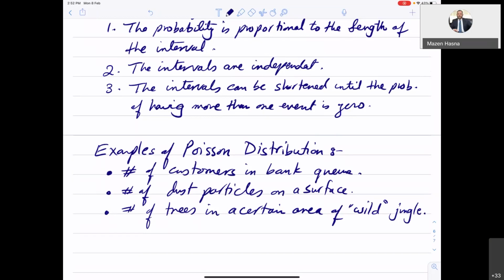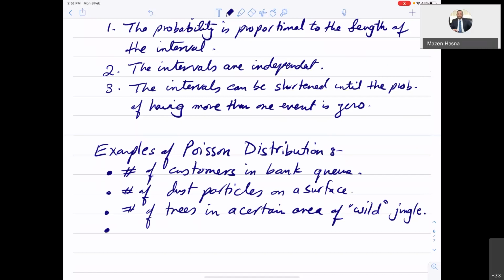But if you go to a wild jungle in which trees grow naturally, you see that there is no specific distribution. So 1 kilometer square of the jungle in one area will have a certain number of trees, while 1 kilometer square of the same jungle in a different area will have a different number of trees.